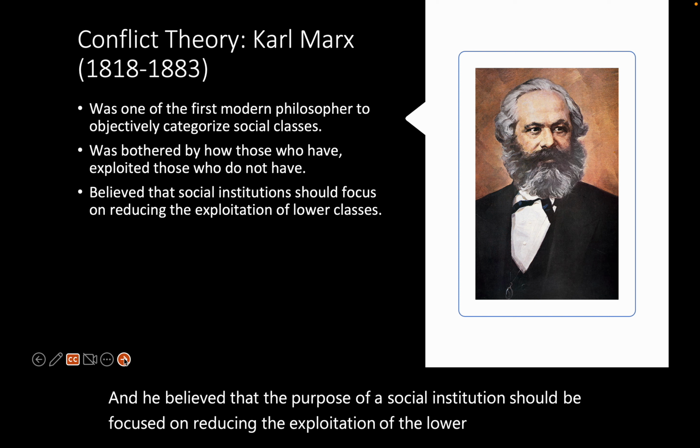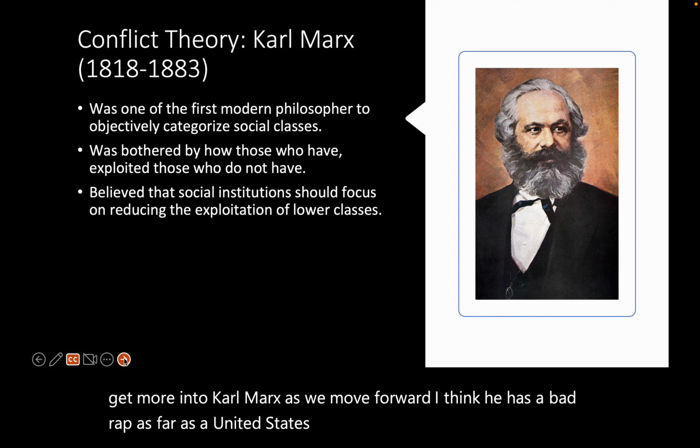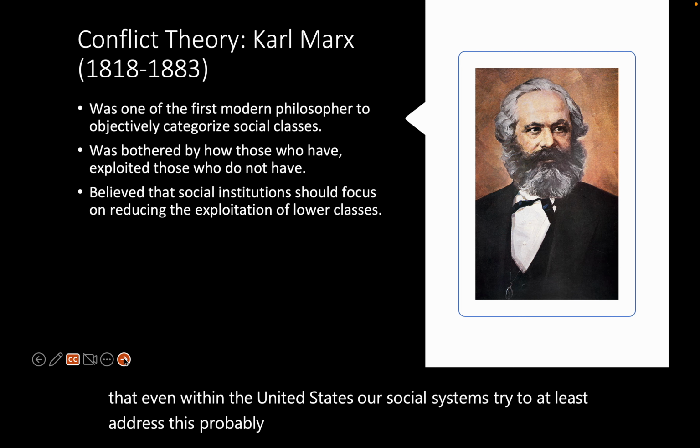And we'll get more into Karl Marx as we move forward. I think he has a bad rap as far as United States perceptions of him. But as we'll see, even within the United States, our social systems try to at least address this, probably very poorly, but we'll talk about it as we move forward.